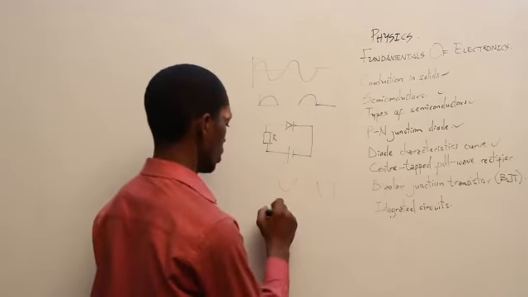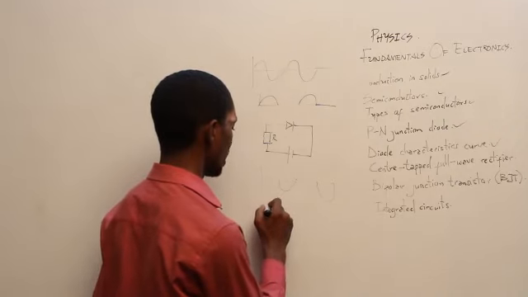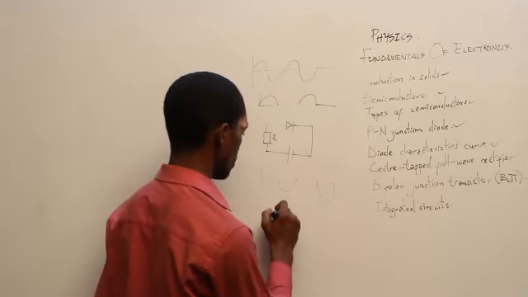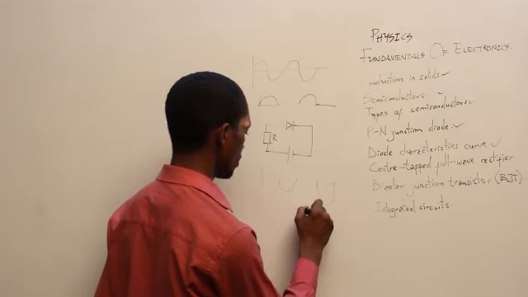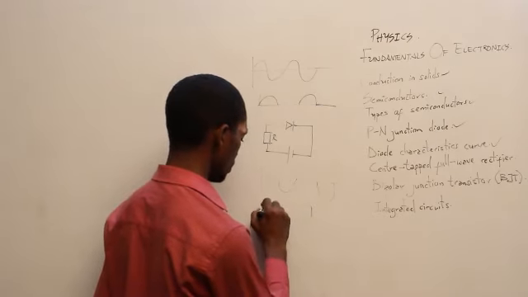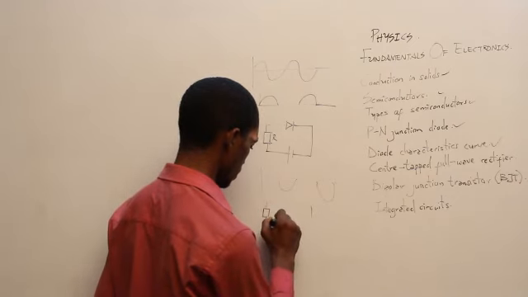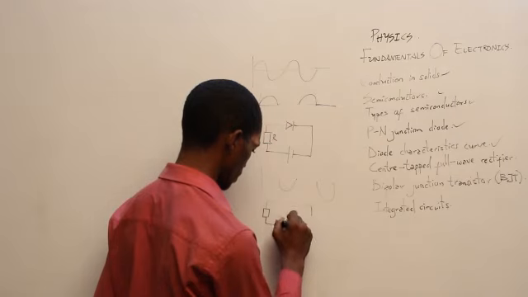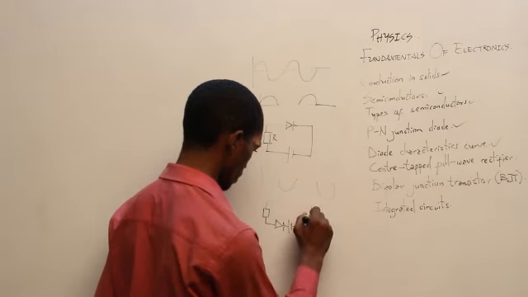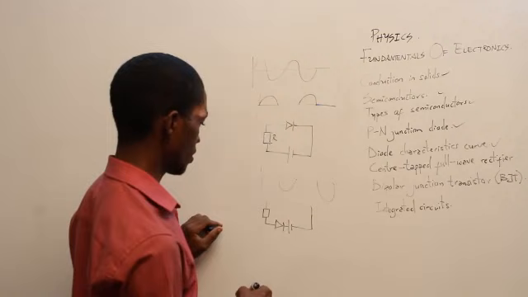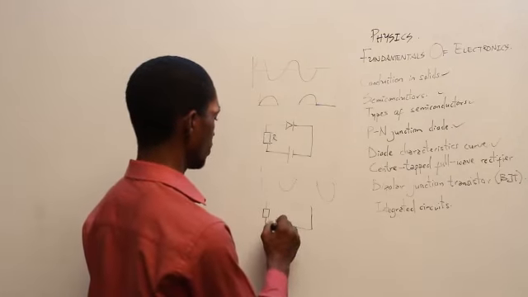We can introduce another diode to the system. Probably we have something like this. Well, this is our diode.